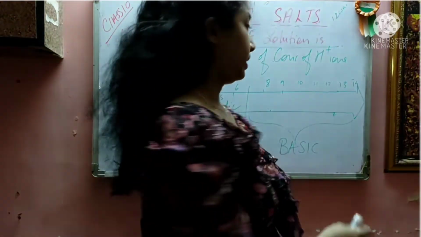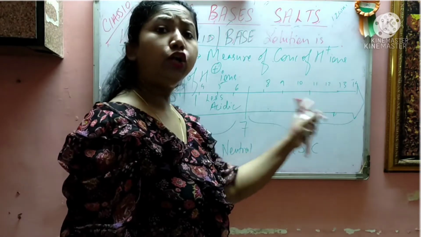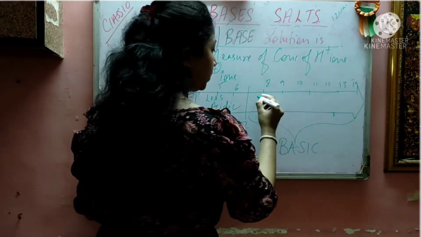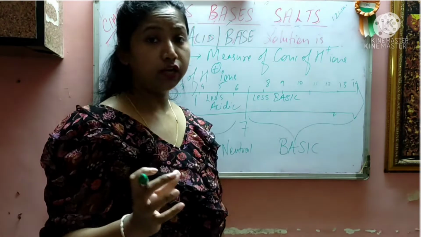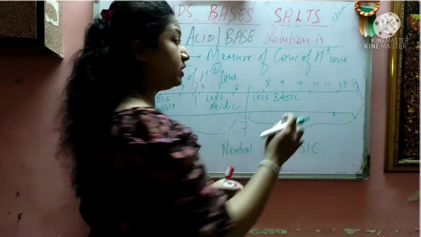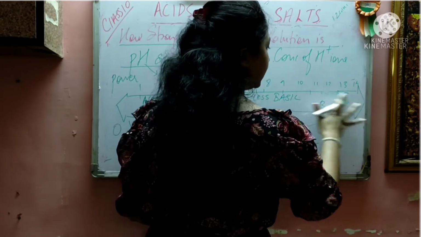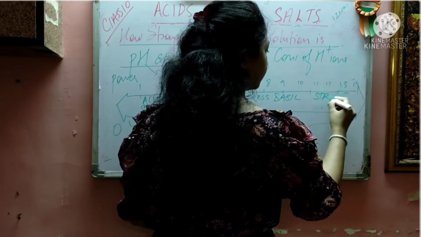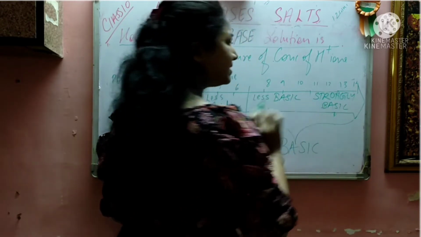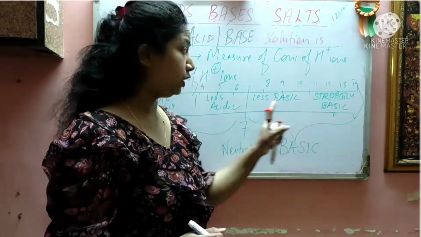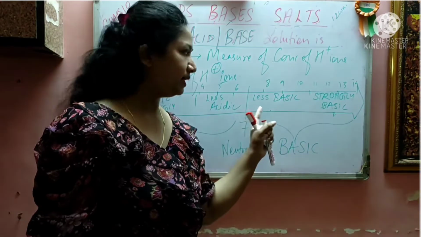If your value lies between 8 to 10, then your solution is basic, but it is less basic.